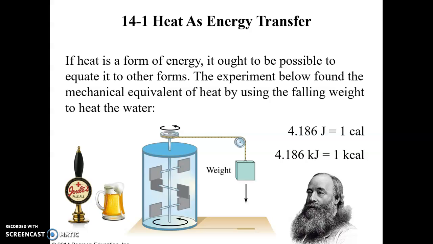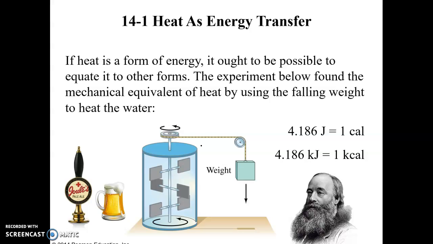And this, to me, is a really ingenious way of quantifying what a calorie would be. Perhaps he was inspired by some of his brewing apparatus that he used to make his beer.